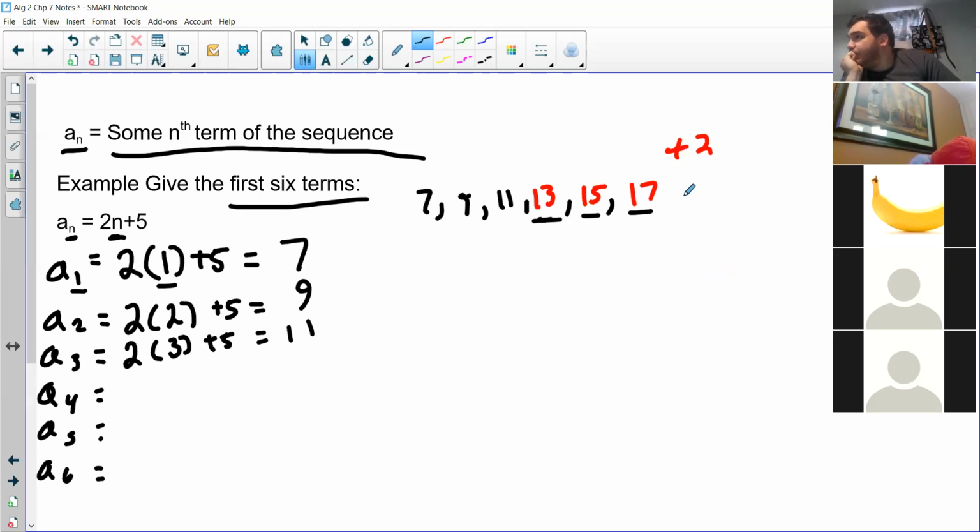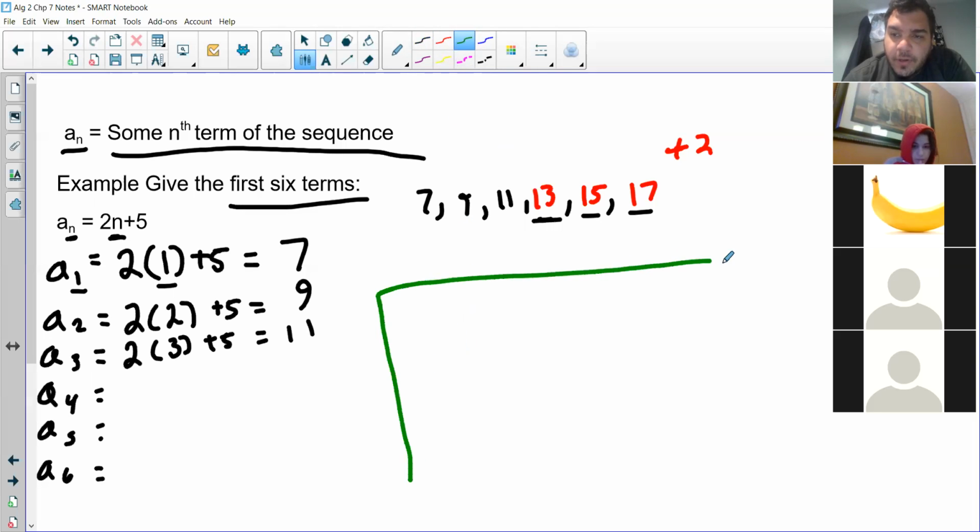Let's do another one. Our next one, I'll keep this up here so people can work on it. A of n equals 2 to the n minus 1 power.